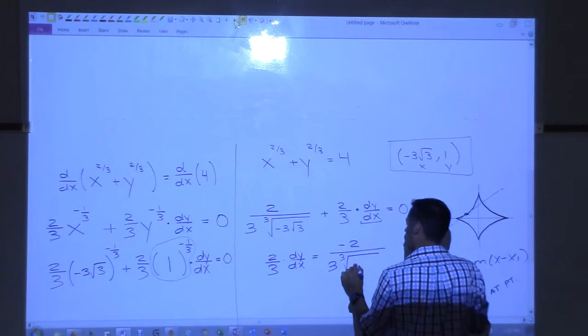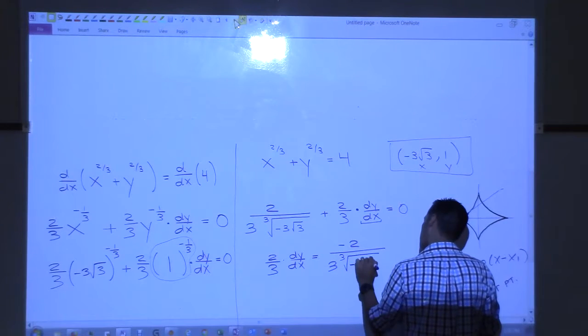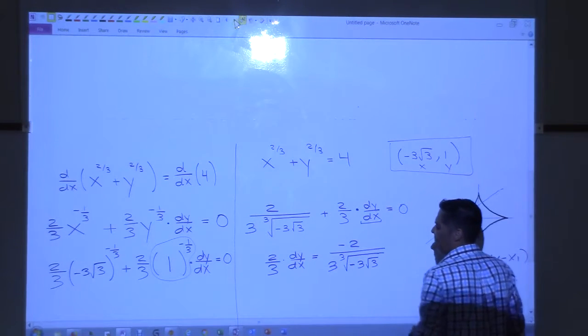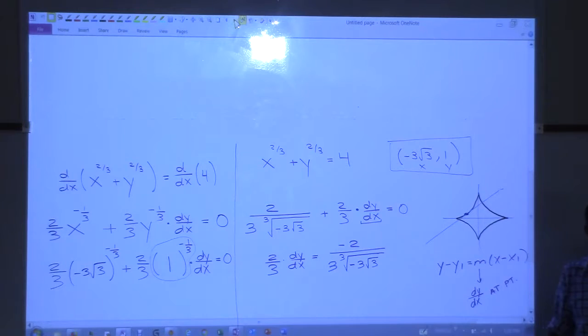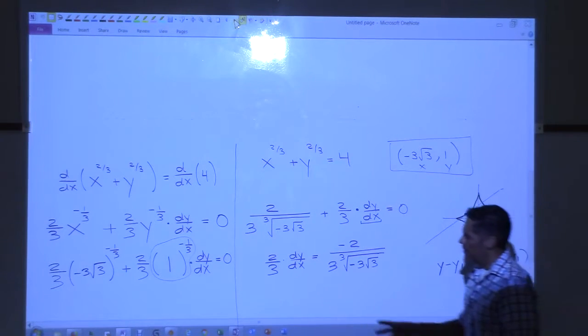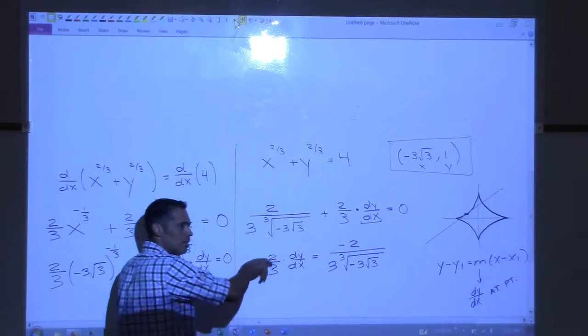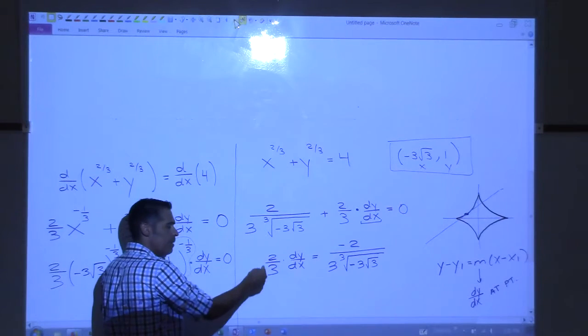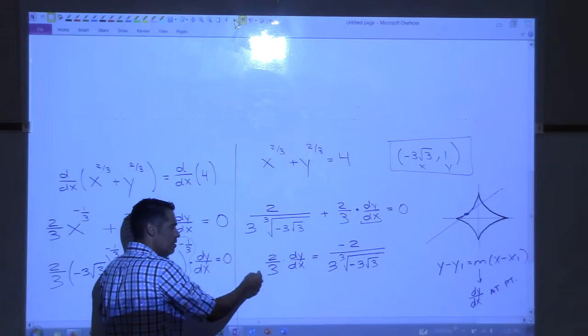Y'all agree with that? Yeah, I'm going to multiply both sides by 3 over 2 to clear this fraction. So I multiply top by 3, bottom by 2. So when I do that, it goes away over here.